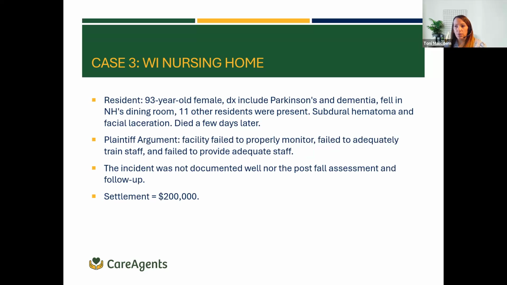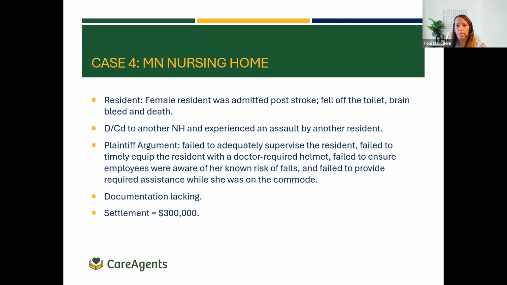So the resident's daughter pursued the lawsuit, and with the plaintiff attorney, they claimed that the facility failed to properly monitor the resident, her mother, failed to adequately train their staff, and failed to provide adequate staffing. The incident was not documented well, nor was the post-fall assessment and follow-up. So the case settled for $200,000 in this case. Next slide, please.